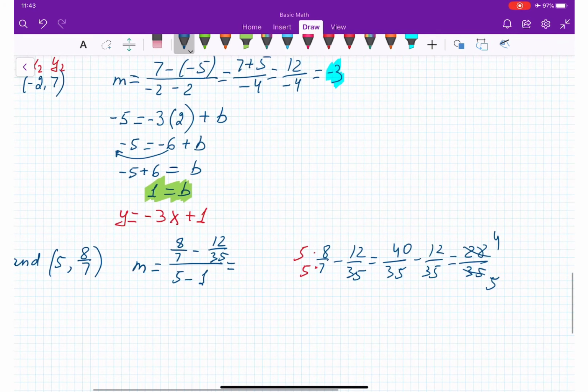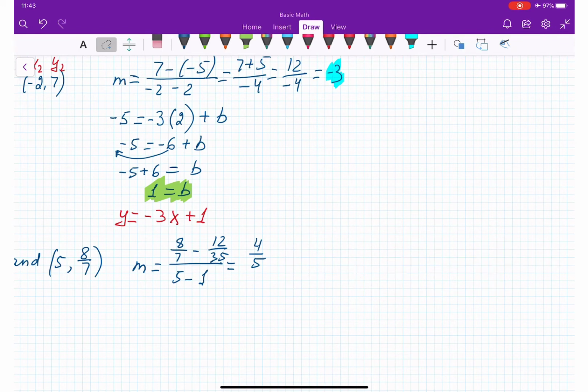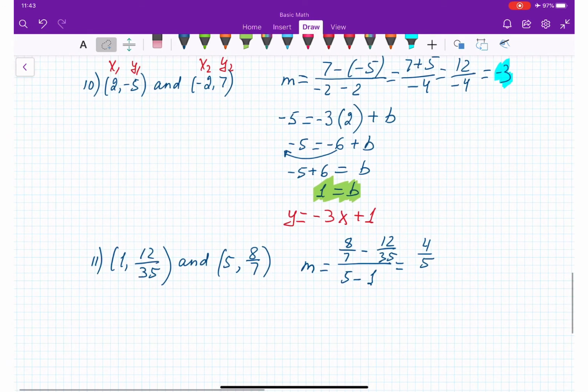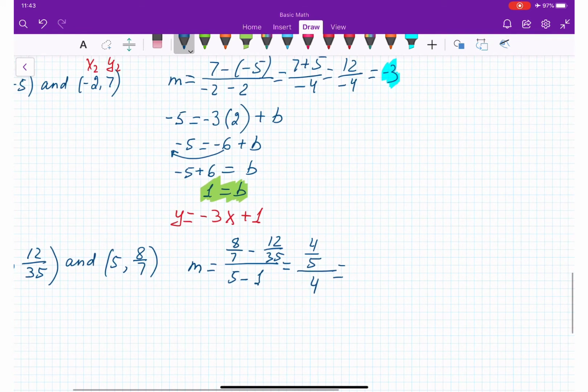So we are getting 4 over 5. Let me clean this. We don't need it anymore. 4 over 5, and that is divided by 4. Okay, well, let's divide. 4 over 5 divided by 4 is equal to 4 over 5 times 1 over 4.